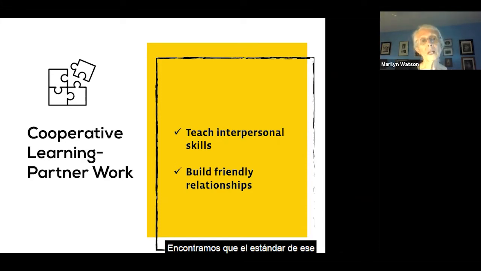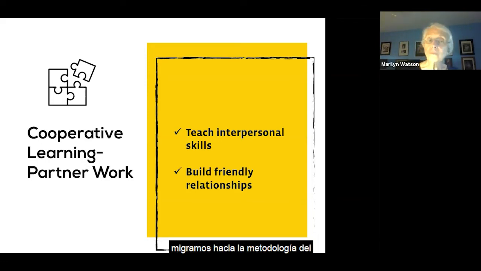We found that the standard at the time that we were doing this was groups of 4, putting children in groups of 4. For all the kids we worked with, and indeed those were kids from, say, 2nd grade through 6th grade, groups of 4 were too hard for them to manage. Somebody took over and everybody else followed, something like that.